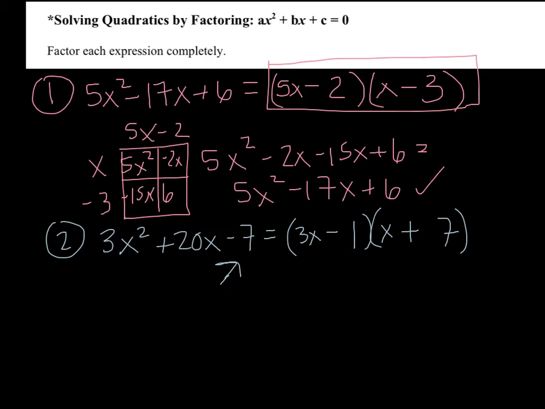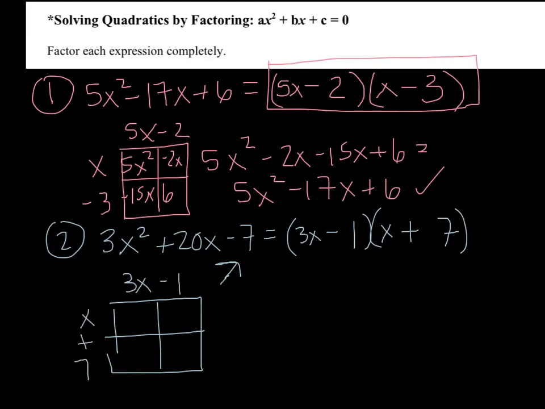And so now I have to check myself. So we're going to multiply this out, and remember, you can always use FOIL. I'm just showing it with the box. So we've got 3x minus 1 times x plus 7. 3x times x is 3x squared. X times negative 1 is negative 1x. 7 times 3x is 21x. 7 times negative 1 is negative 7.